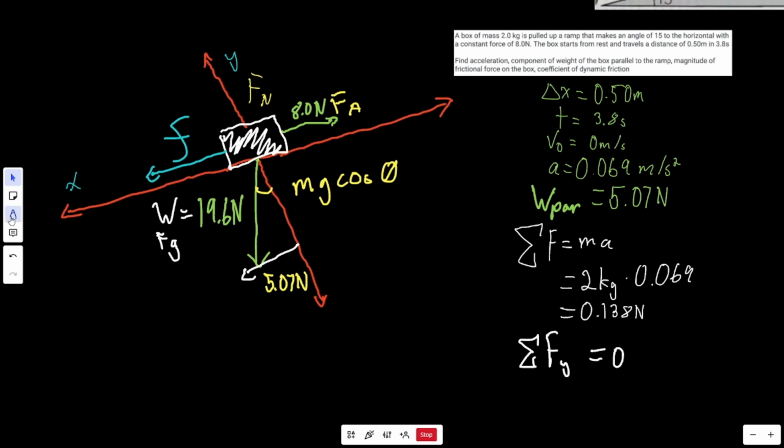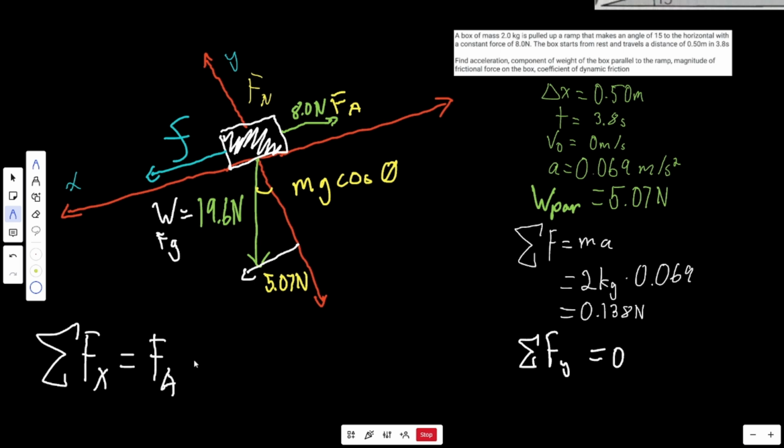Based on the diagram that we have here, our summation of forces on the x-axis should be equal to the force applied minus friction, since that's a counteracting force, and also minus our force that is parallel to the ramp. Now, why does it need to be minus the force parallel to the ramp?